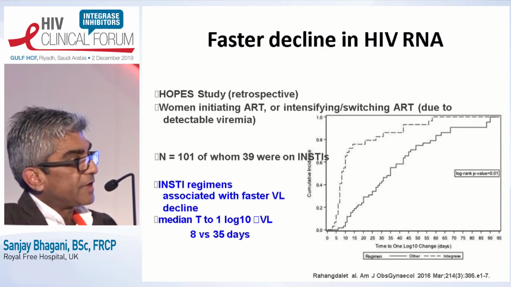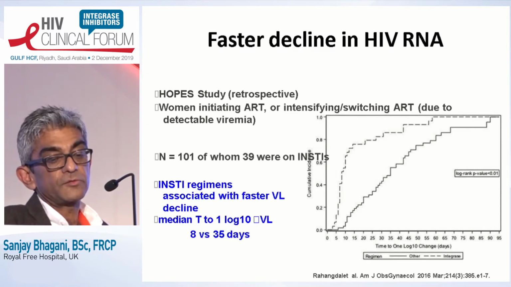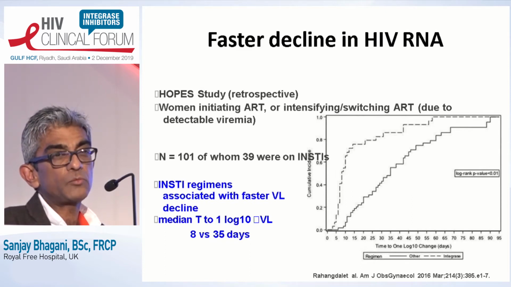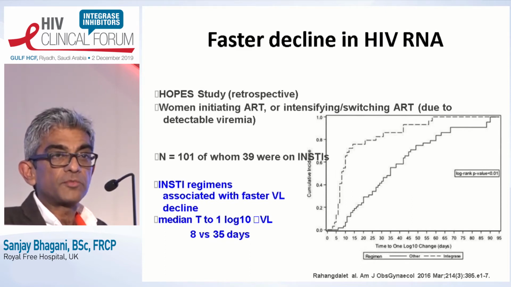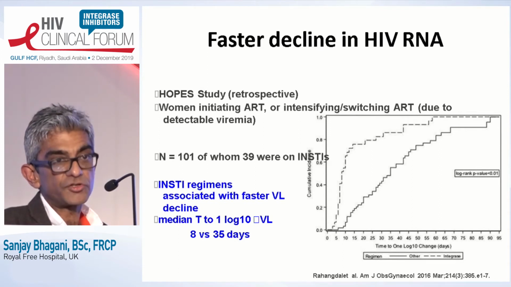One of the key attributes of integrase inhibitors is that they're associated with very fast declines in HIV RNA, and we learned this very early from the preclinical studies that compared to other classes of agents, the viral load reduction that we saw with integrase inhibitors was much quicker.